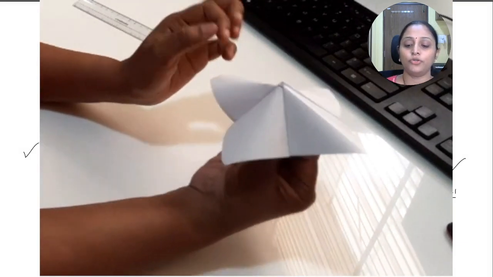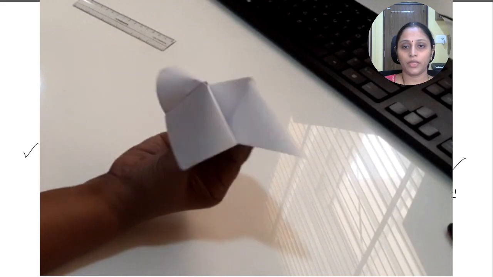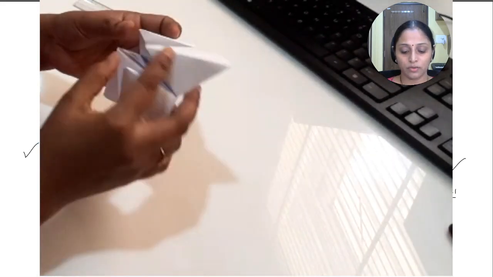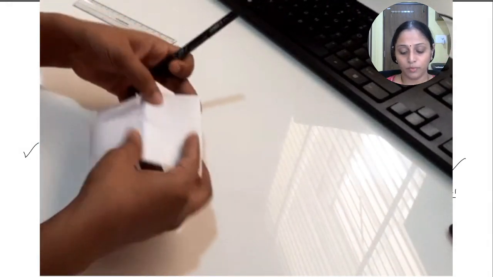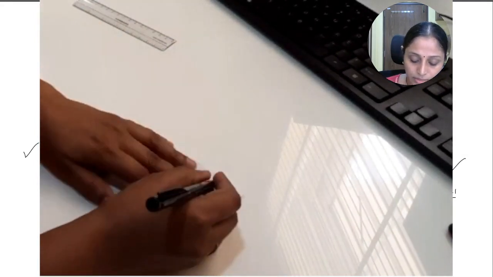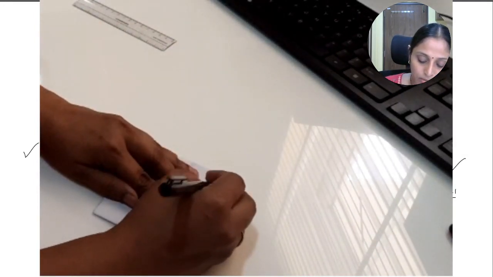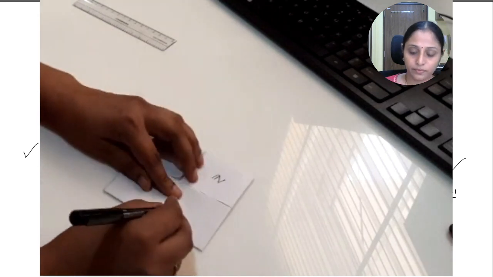So what I want you to do is, so this is the model, right? So what I want you to do is fill out the different regions here. Because we have 4 sets, I can easily write it as set of natural numbers, right?